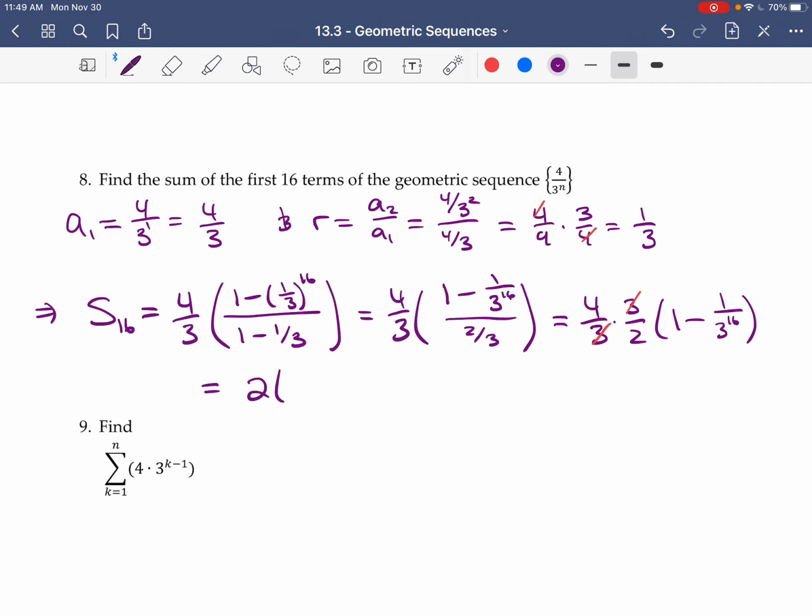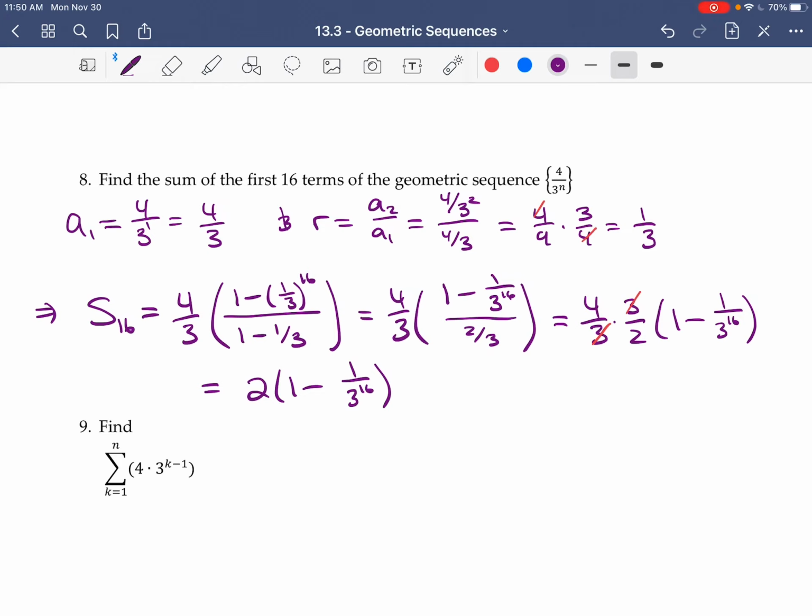So this is 2 times 1 minus 1 over 3 to the 16.